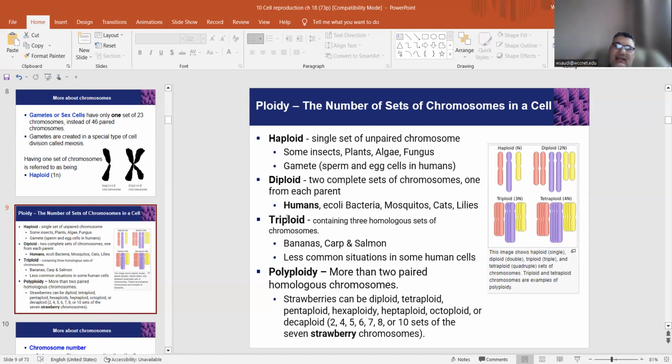Poly is anything more than two. So triploid or tetraploid or even hexaploid and heptaploid and octaploid. Instead of numbers, they say hapl, dipl, tripl, tetra, penta means five, tetra means four, hexa means six, hepta means seven, octa eight, deca is ten, and so on.